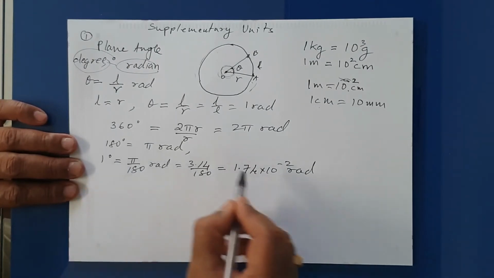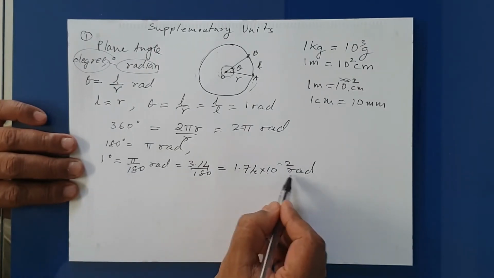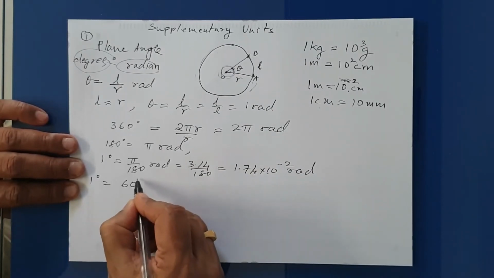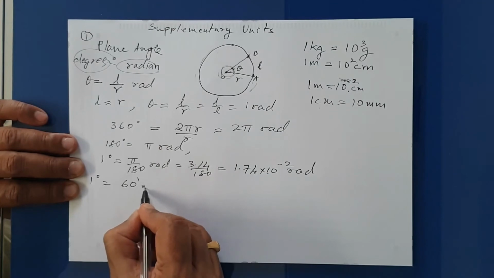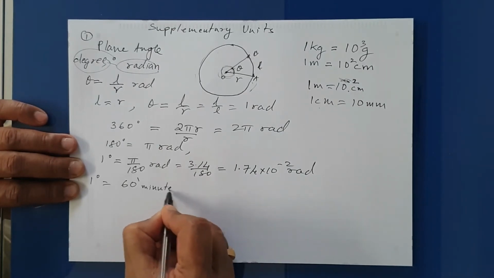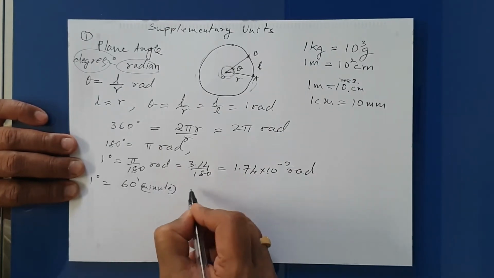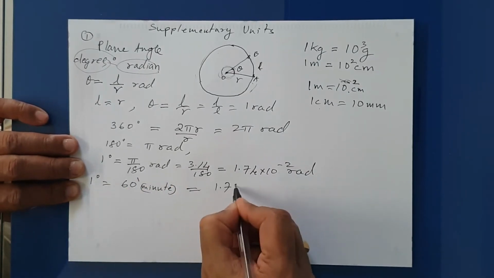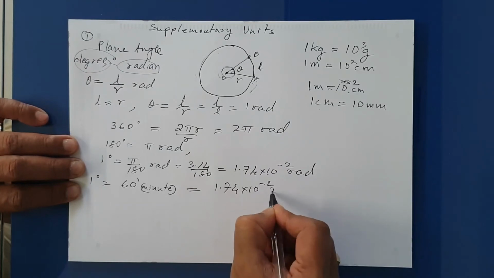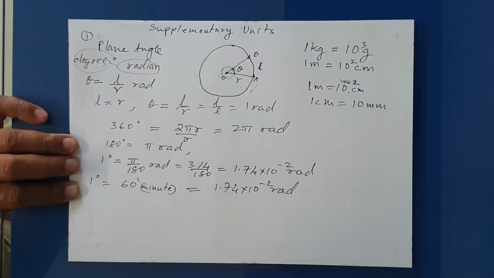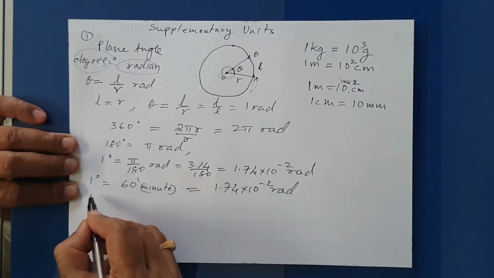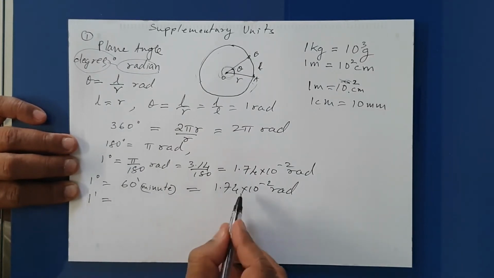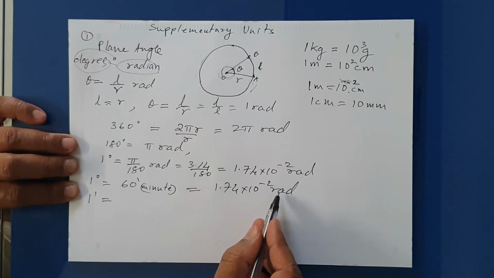I told you 1 degree is equal to 1.74 into 10 raised to minus 2 radian, and 1 degree is equal to 60 minutes. This is the symbol for minute. This minute is not the unit of time. Therefore, 1 minute is equal to how many radians? 60 minutes is equal to 1.74 into 10 raised to minus 2 radian.